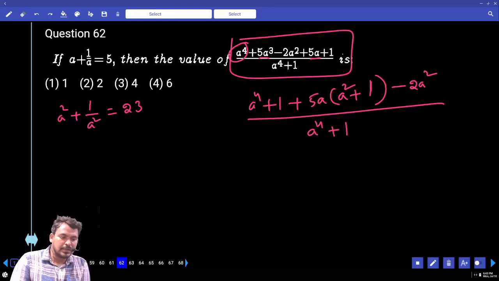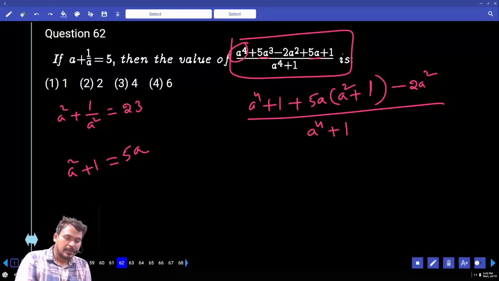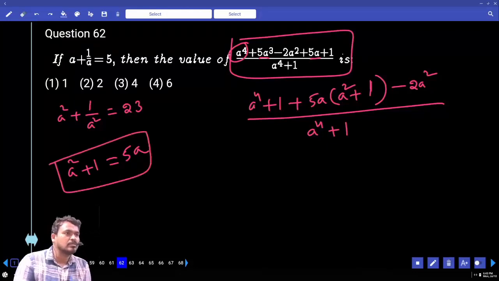Actually, first we wrote a square plus 1. It is also equal to how much? 5a.